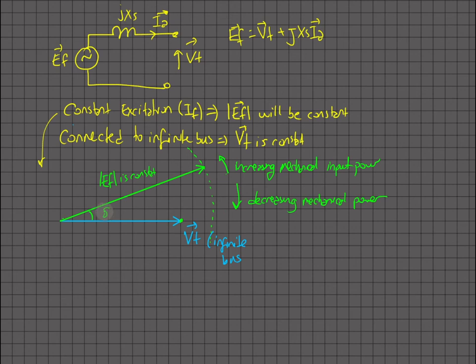By sending more water to your turbines, or more fuel to your diesel generator, you can control the torque and you can control the load angle, and the resultant part is going to be the difference.